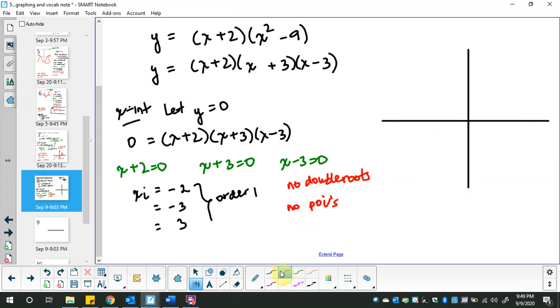And as I said in the previous question, please get used to labeling your x and y axis. So right now, I can put on my -3 x-intercept, my +3 x-intercept, which I try reasonably to make an equal distance apart. And then I've got one at -2. Notice my scale is terrible.